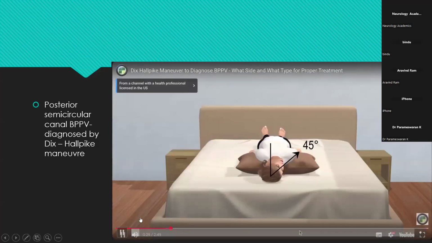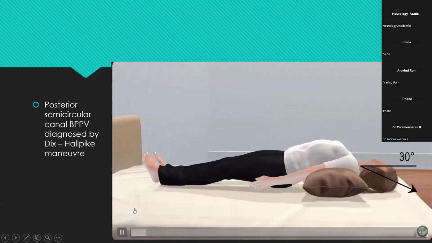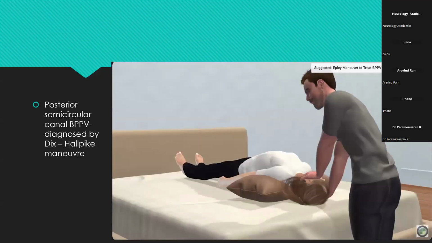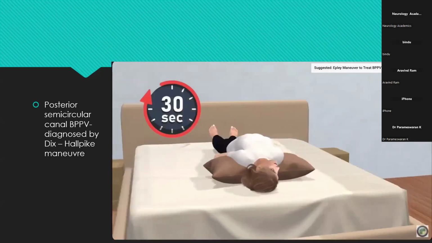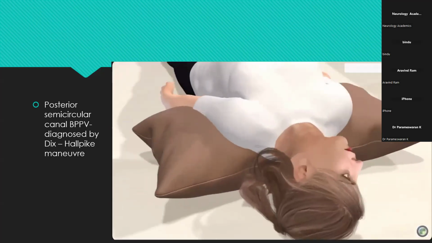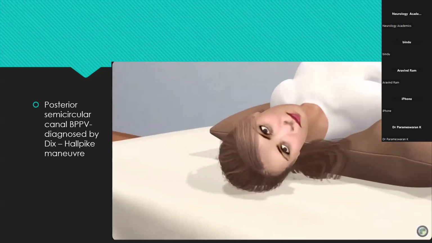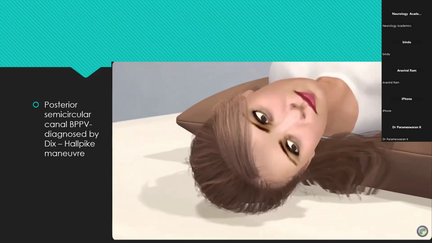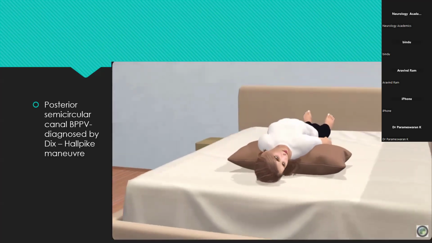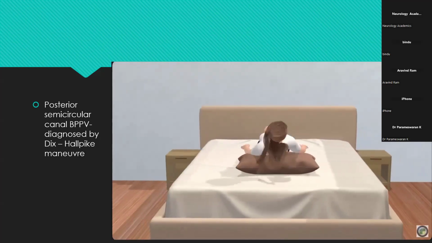This is the way to test posterior semicircular canal BPPV, where the patient is rapidly made to lie in a position where the head is turned 45 degrees towards one side, and there is a pillow placed under the trunk to keep a 30-degree bend at the trunk. That will cause, after a latency, a torsional vertical nystagmus, like in this video.